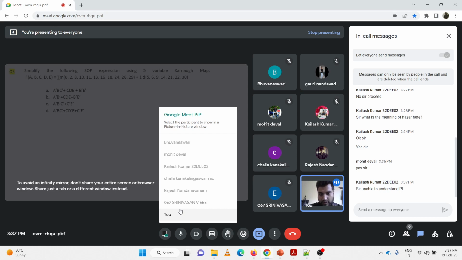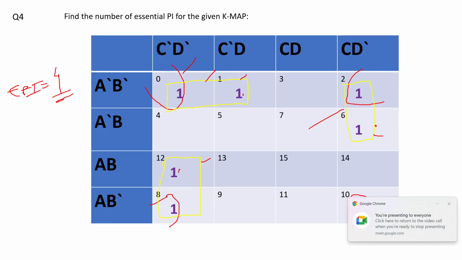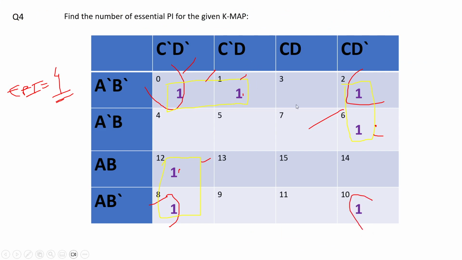And we found here, if you can see, this one was not covered by any other implicant, so this is an essential prime implicant. This one here is not covered by any other implicant, so this here is an essential prime implicant. This here is an essential prime implicant, and this one which is covered by this quad is an essential prime implicant. So in total there are 4 essential prime implicants here.